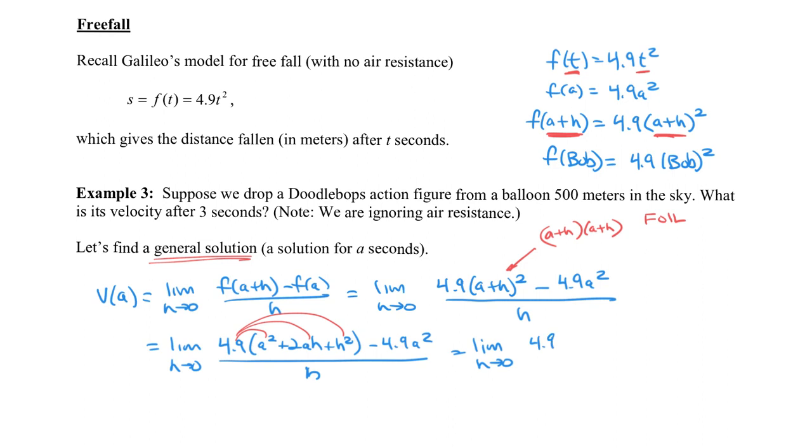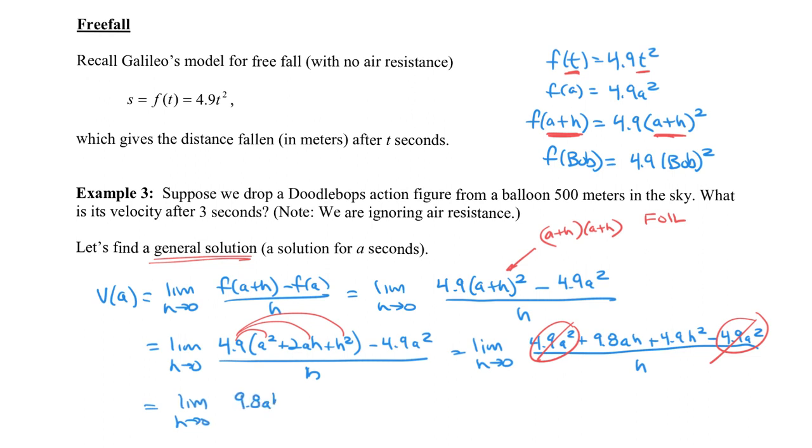So then we get, once I distribute, 4.9a squared plus 9.8ah plus 4.9h squared minus 4.9a squared all over h. Okay, so we can see this is going to cancel. And then we will have the limit as h approaches 0 of 9.8ah plus 4.9h squared all over h. And you can see there are three terms here.